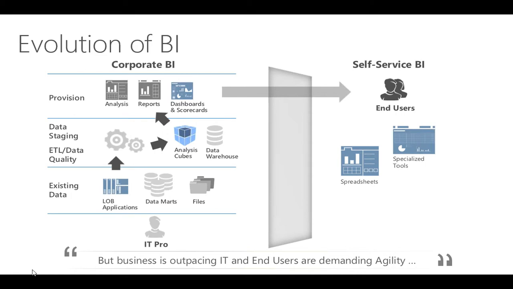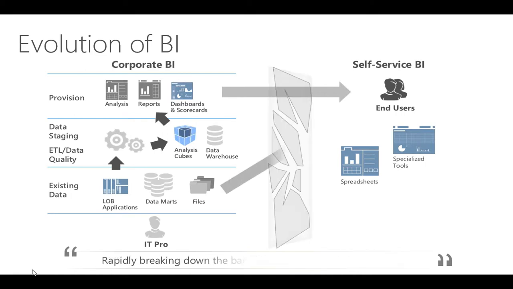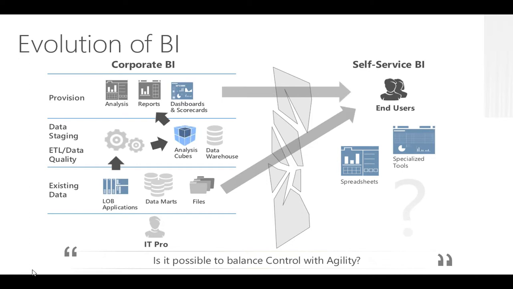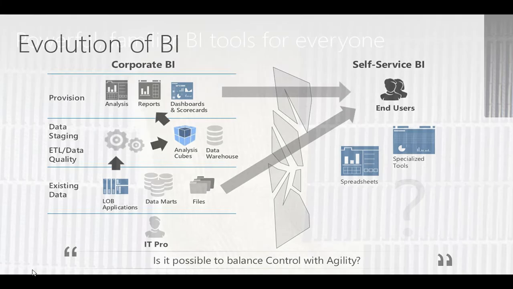But in creating their own BI solutions, end users have effectively found a way to get data directly from various data sources, and they have bypassed formal IT solutions and structures. That becomes a challenge for IT to control and to monitor and to manage within the organization. So really, is it possible to balance control with agility?